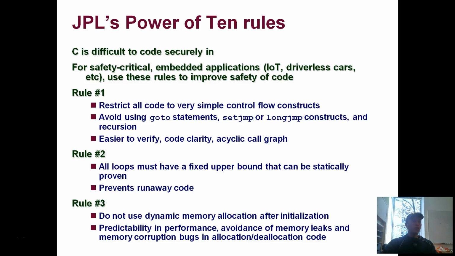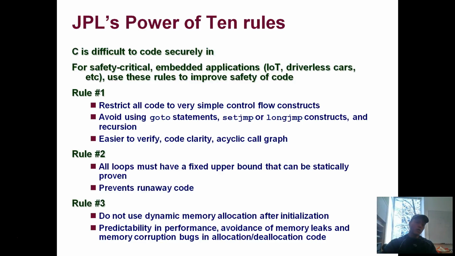Okay, so we're going to wrap up your introduction to C with JPL's power of 10 rules. Now, in this day and age, a lot of the C programming is done on Internet of Things devices, embedded systems, systems that don't necessarily have the resource capacity to run an interpreter, like a Python interpreter or a JavaScript interpreter.